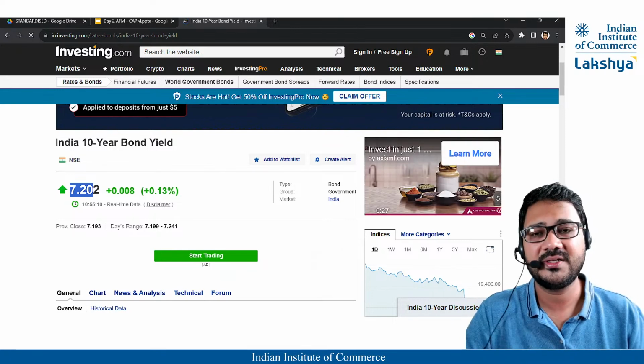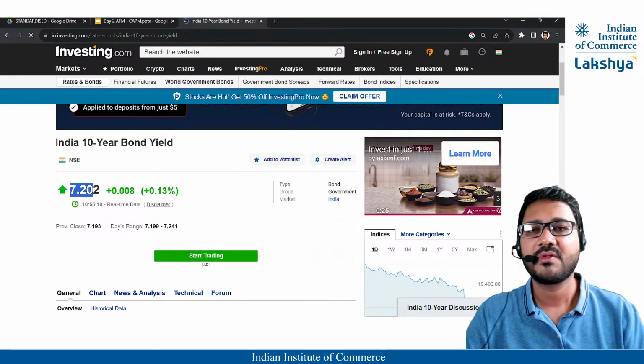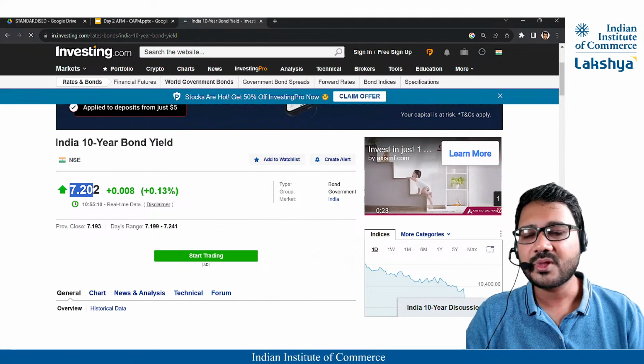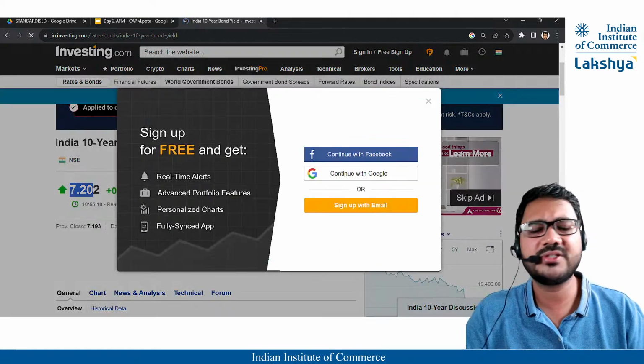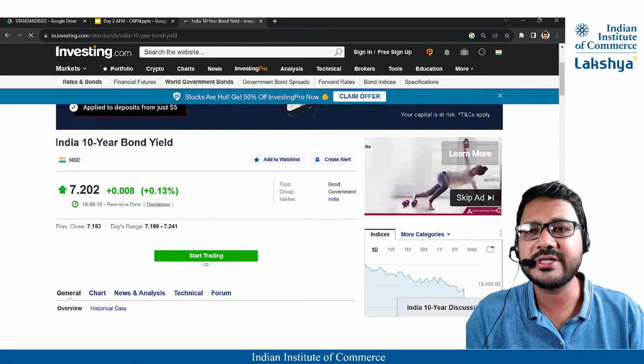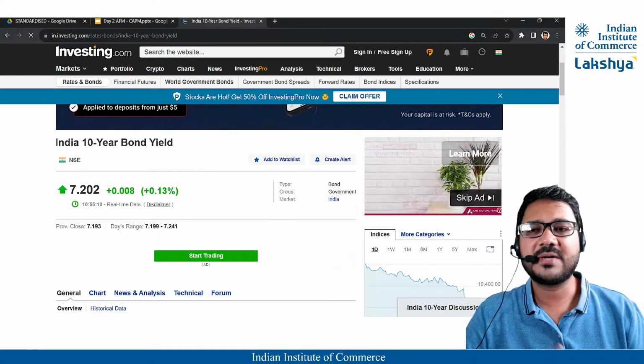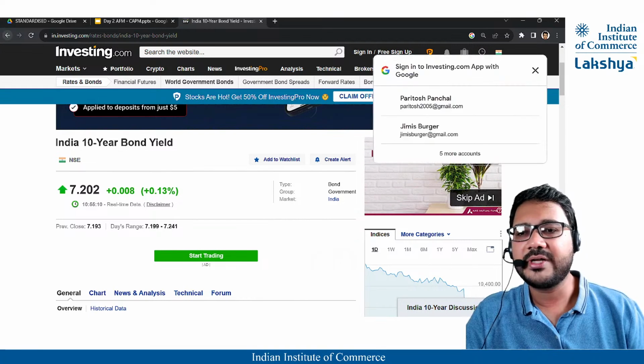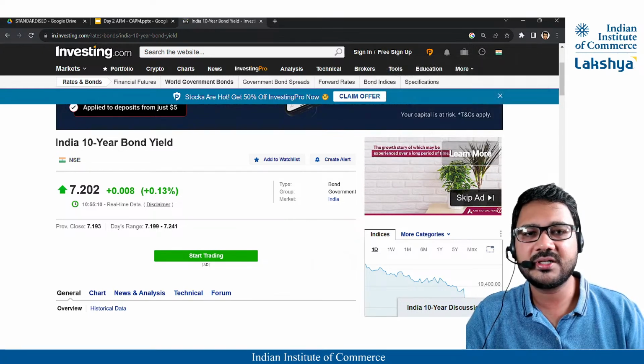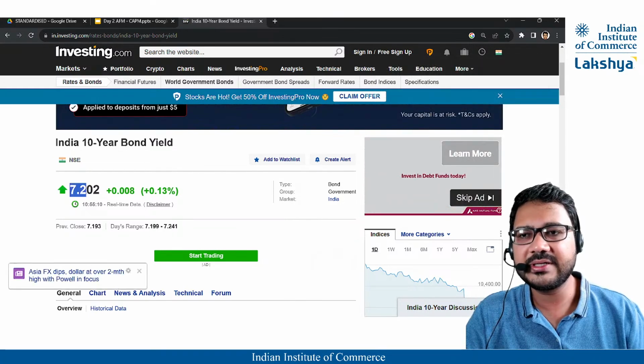It is considered risk free. Or for the US, you can just use the US bond yield or the UK bond yield, whatever. I'm just giving you an example of India. So, 7.2% is the Indian bond yield.